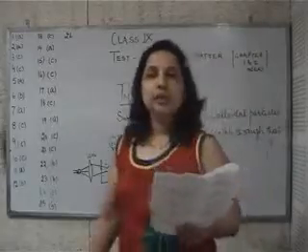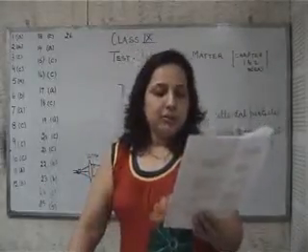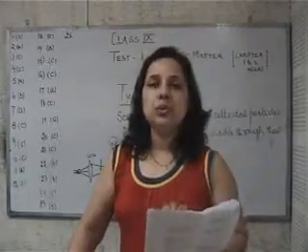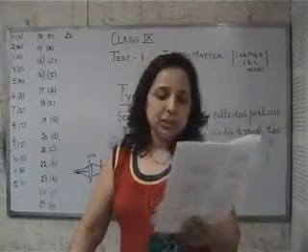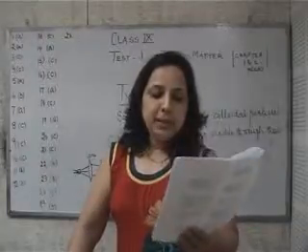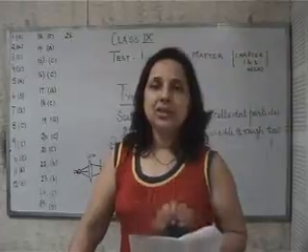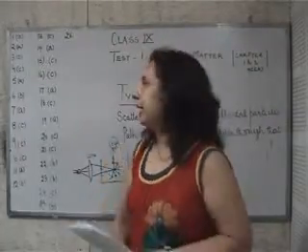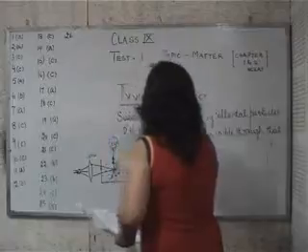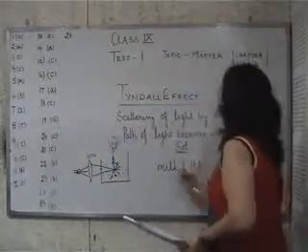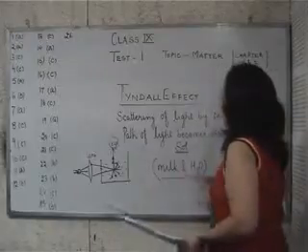Tyndall effect is shown by colloidal solutions. First option was sugar and water. Sugar and water is a true mixture, it's a true solution. B is milk and water mixture. Milk and water is an emulsion, and emulsions are a type of colloidal solution. Milk and water is a colloidal solution. This is a colloidal solution called emulsion.